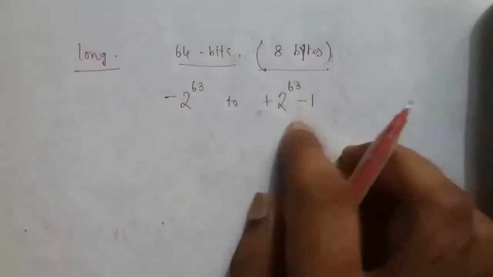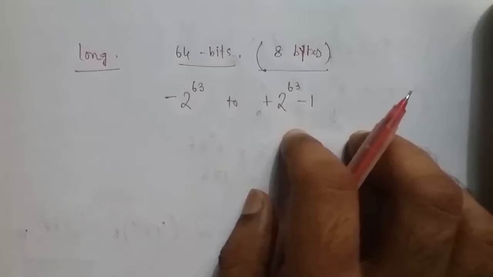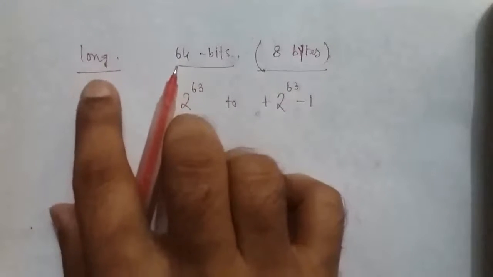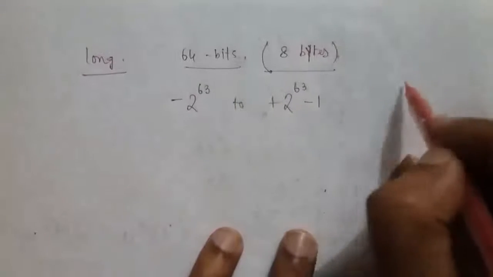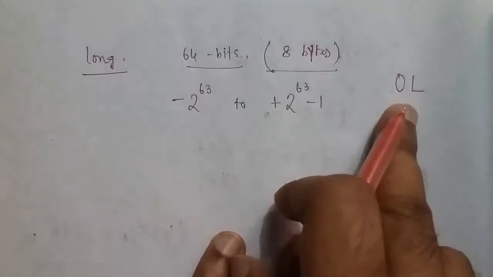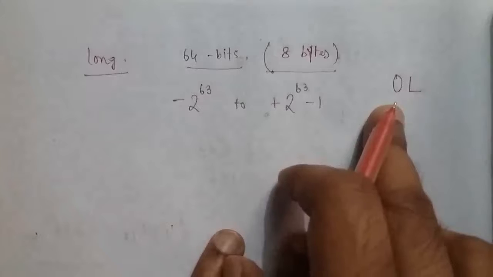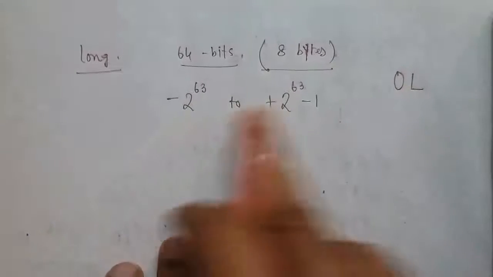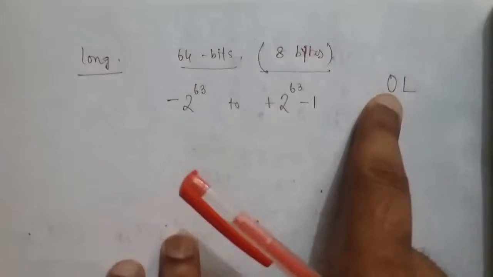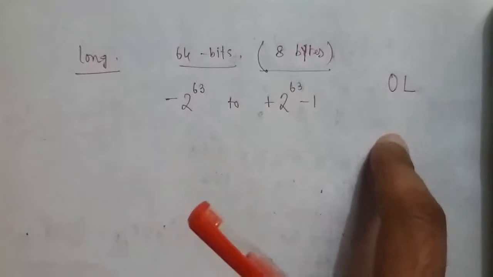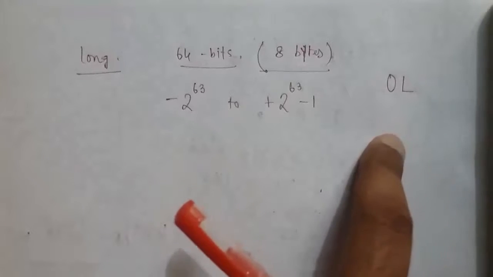So longer integers are stored in a variable of long type. The default initial value is 0L. In case of byte, short and int the default initial value is 0, but in case of long you need to write 0L. This L can be written in either uppercase or lowercase.